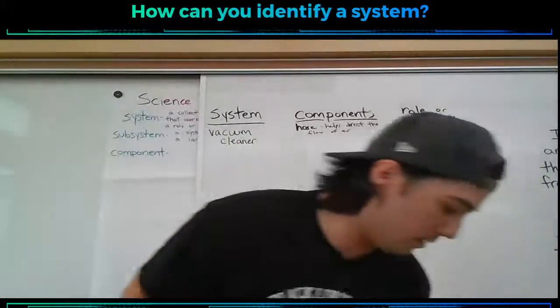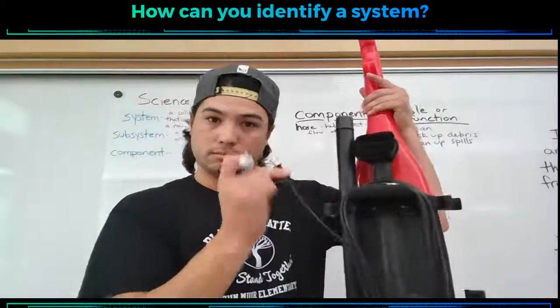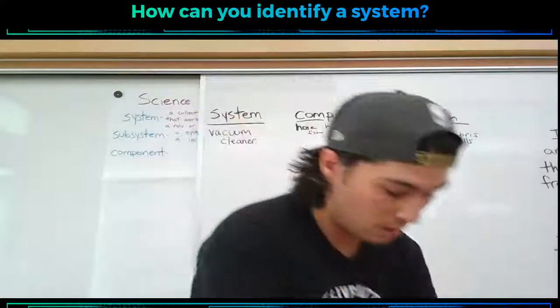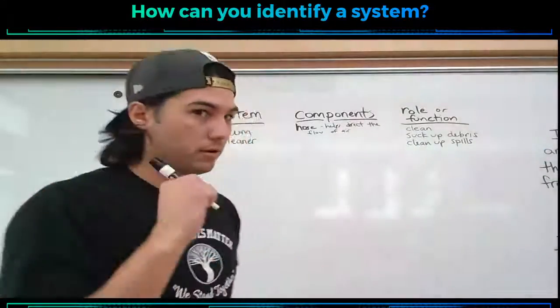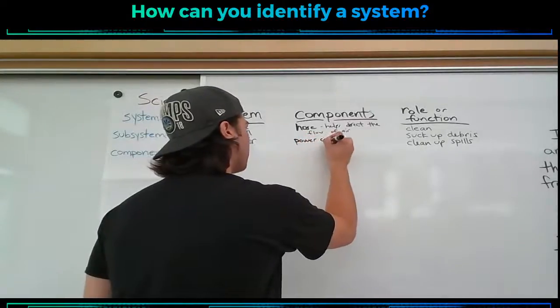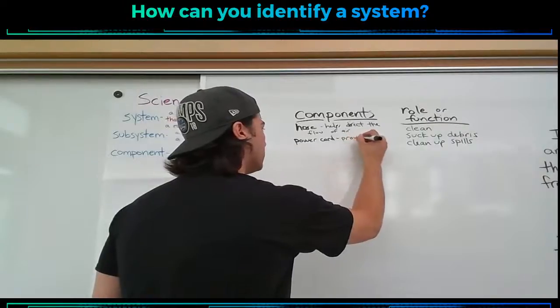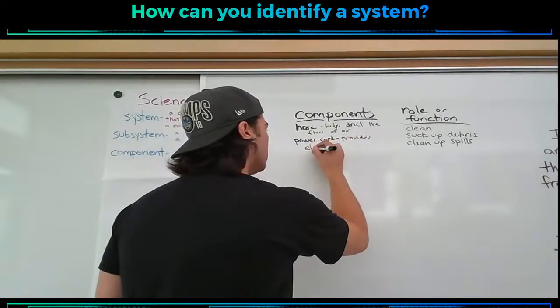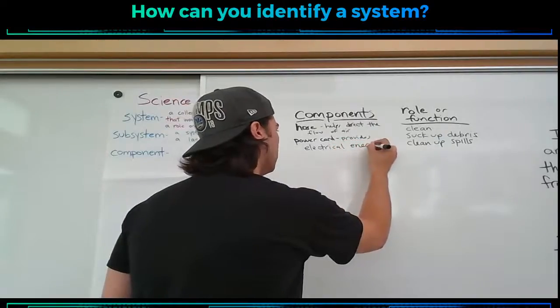We've got, what else have we got? On the back, we've got a power cord, right? Our system would not work without energy. Call back to 4th grade. Hello. We've got our power cord that provides electrical energy.